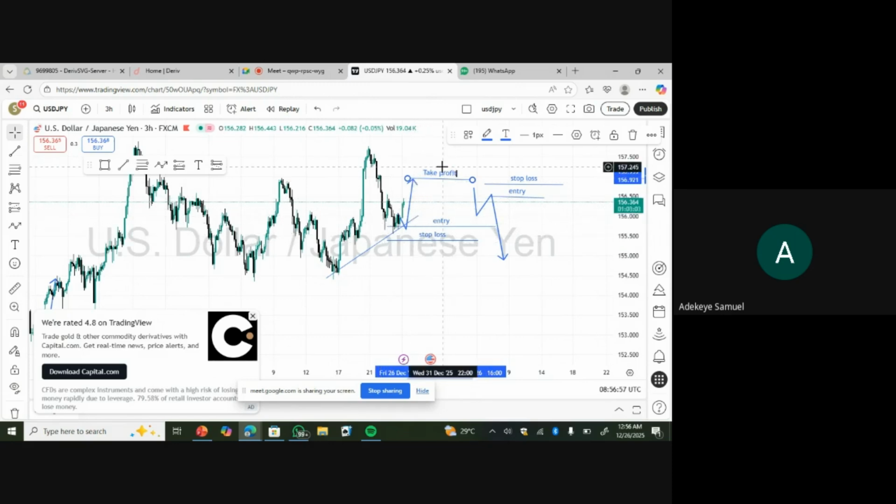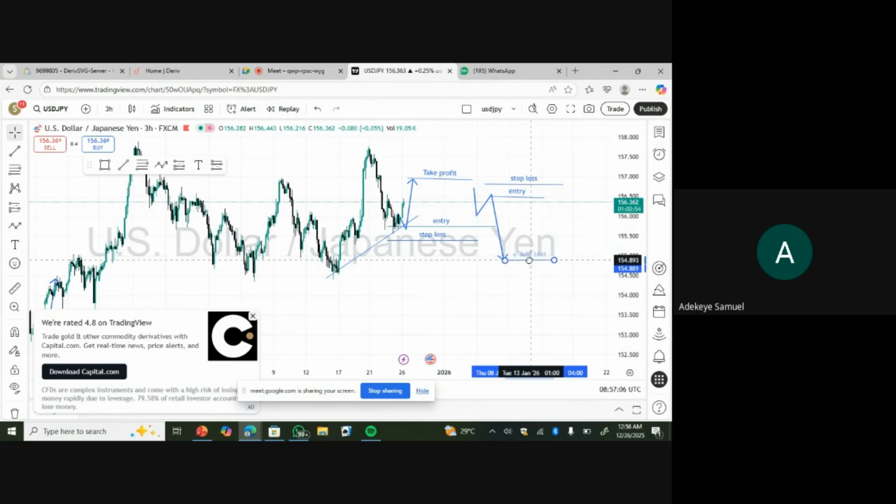Your take profit will always be above your entry point for a buy. And for sell trades, your take profit will be below your entry point.